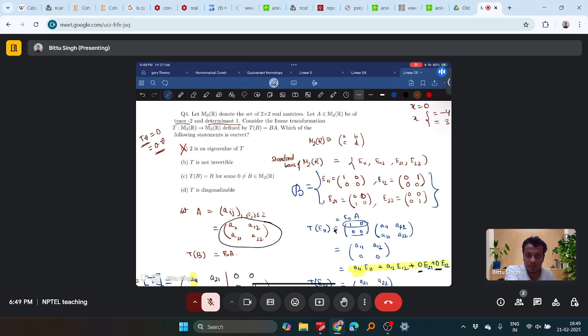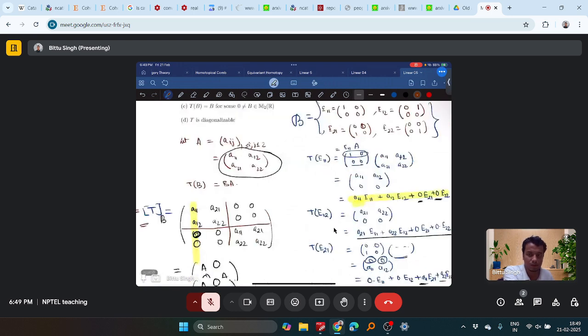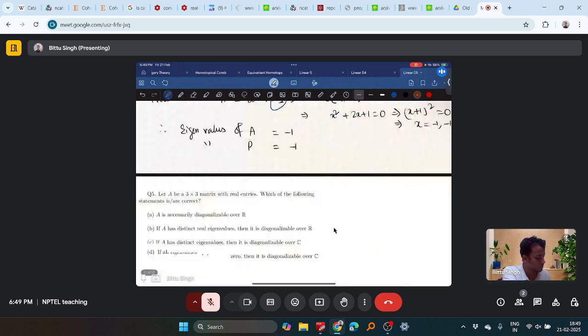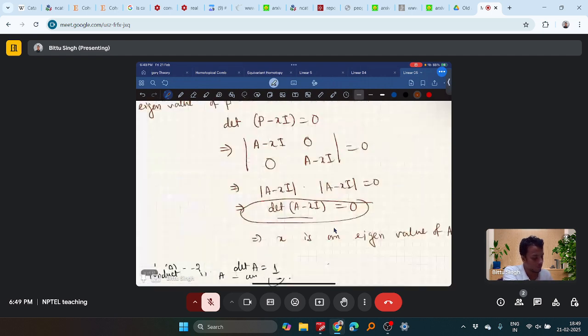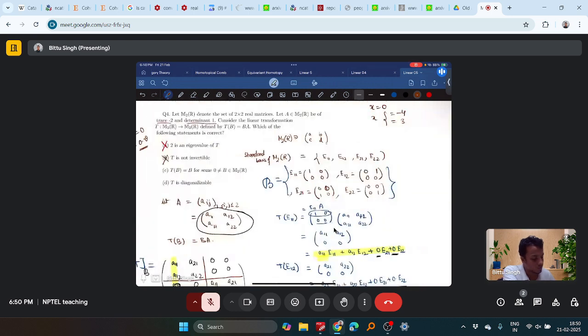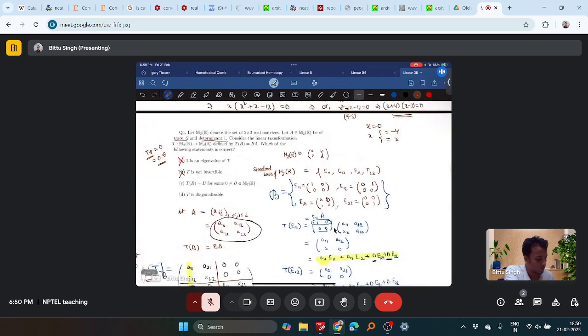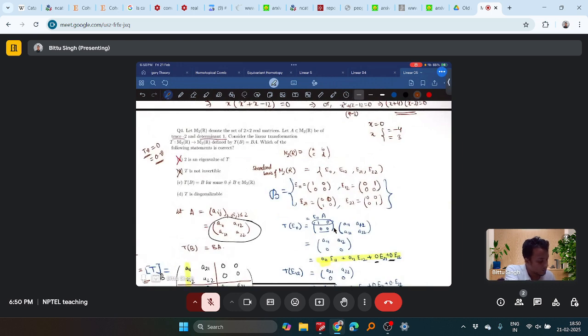But we have seen 0 is not an eigenvalue of t because -1 is the only eigenvalue in this case. So this is also false. And tb equal to b. Is it possible? tb equal to b means t minus I times b equal to 0, but it is true for some non-zero b.